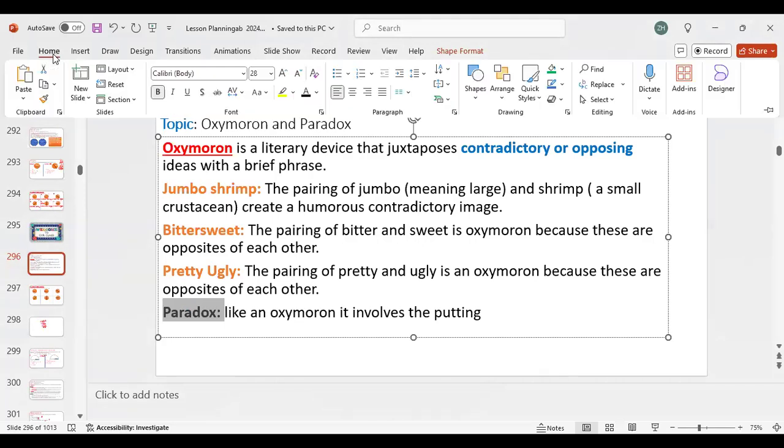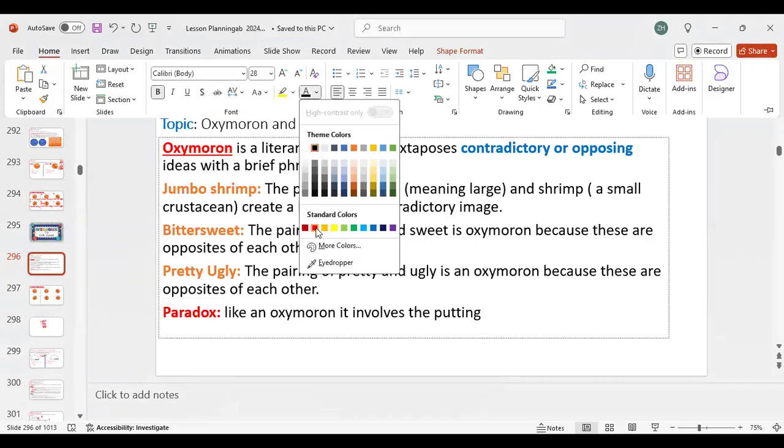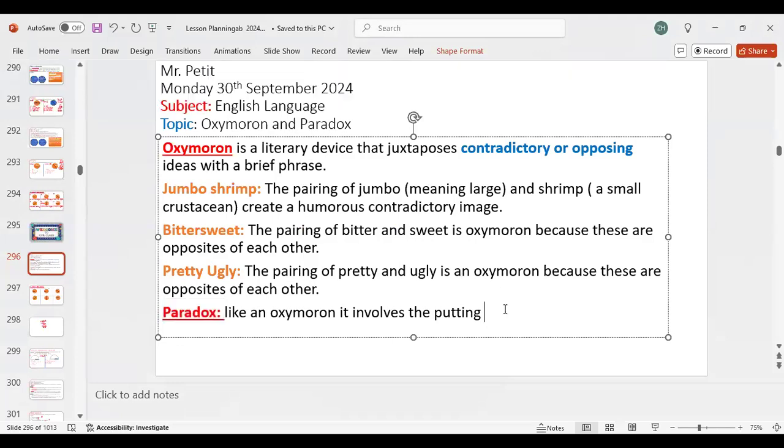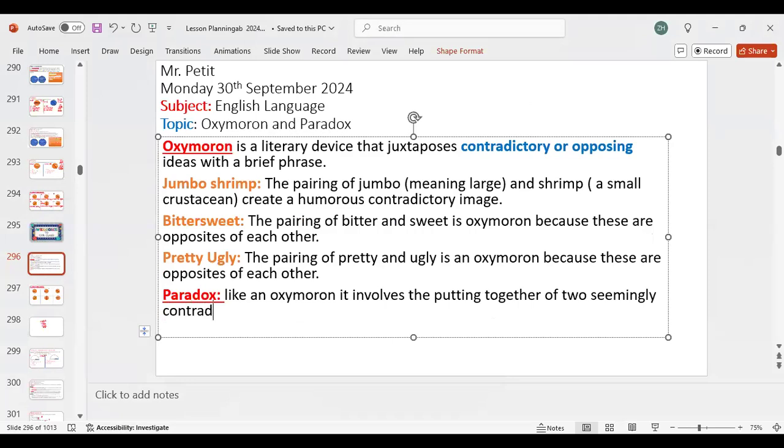So paradox, like an oxymoron, involves the putting together of two seemingly contradictory or conflicting ideas. So paradox is also when you put two ideas that are different together.